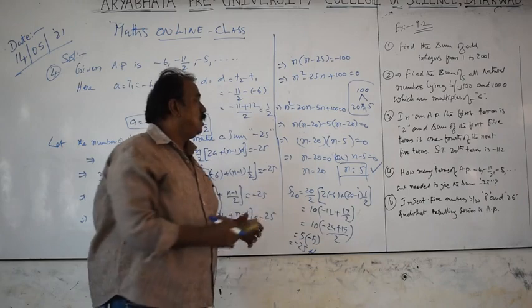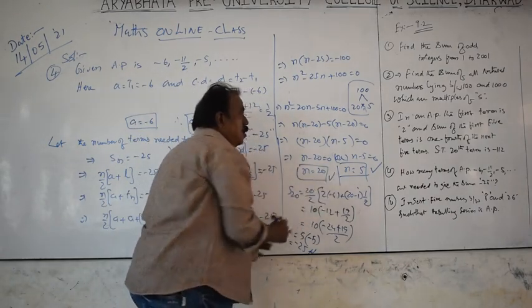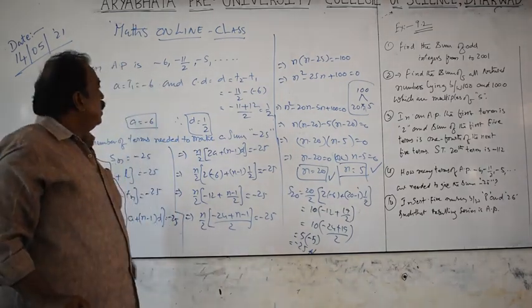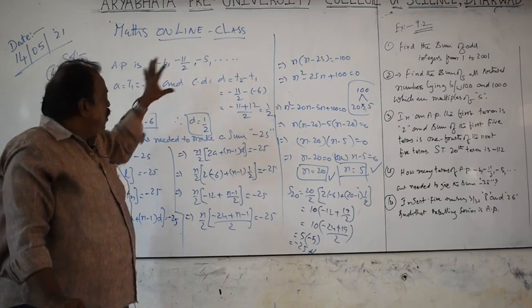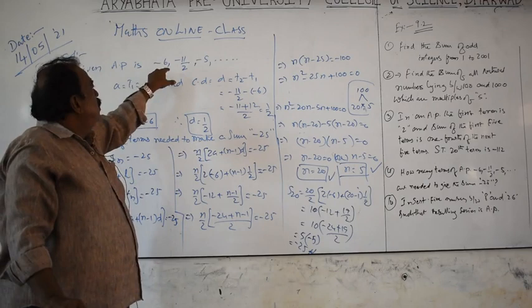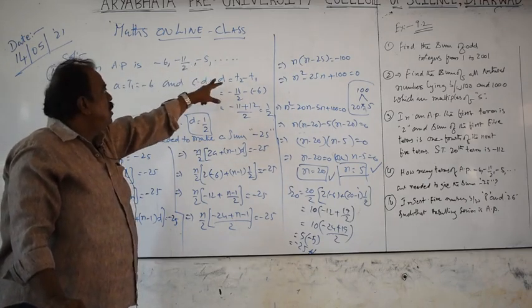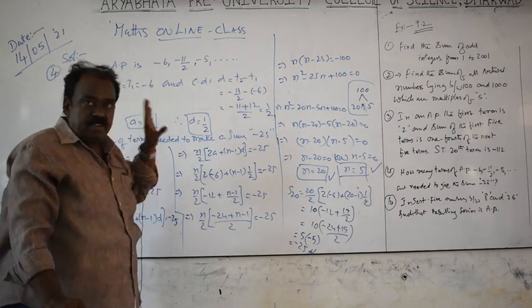So we are getting the n value in 2 ways. When n is equal to 20, the sum of 20 terms also gives the same minus 25.